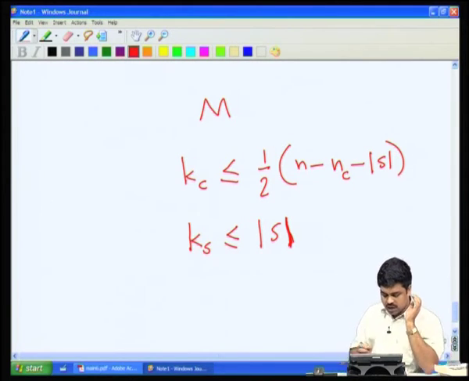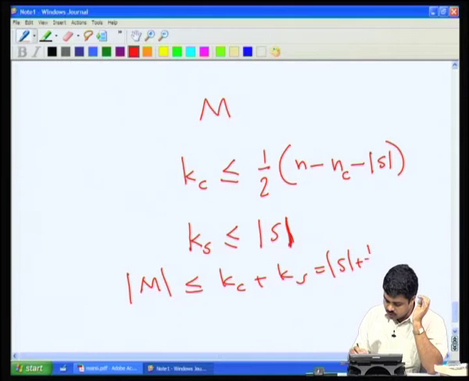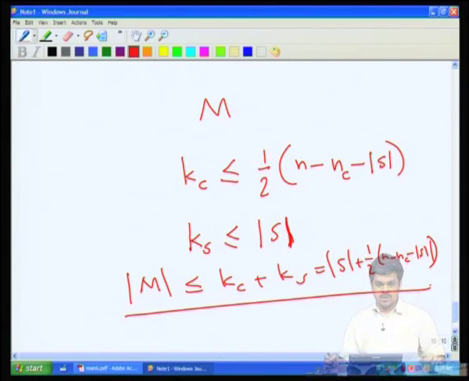Therefore the cardinality of any matching has to be less than or equal to Kc plus Ks. That is the cardinality of S plus half into n minus Nc minus the cardinality of S. This is what we see, right? So this will be correct.